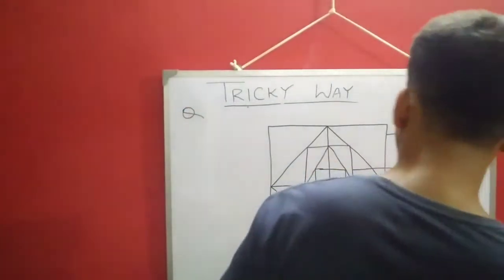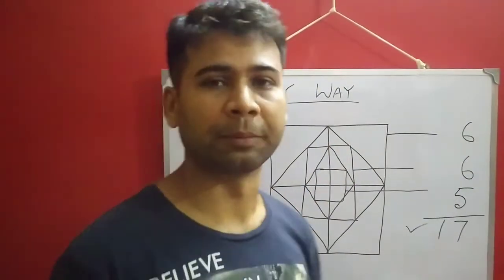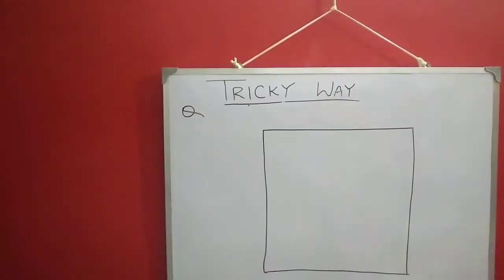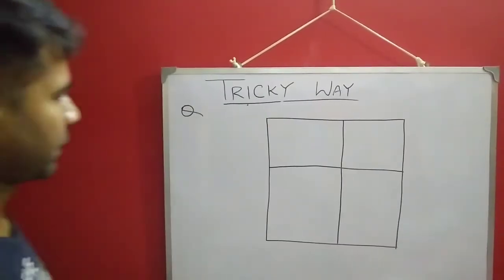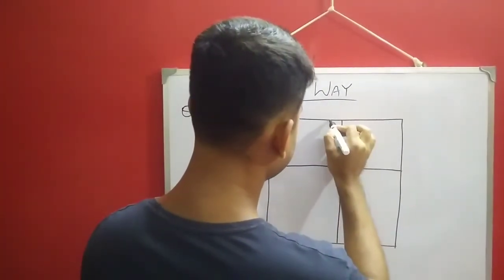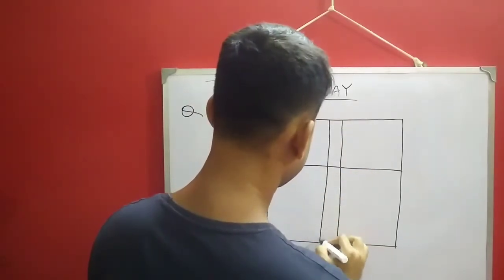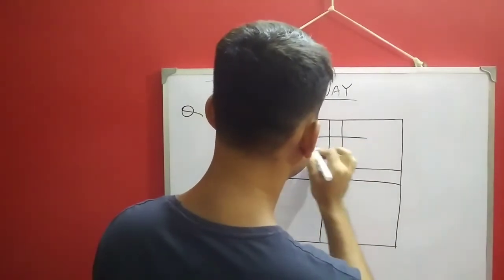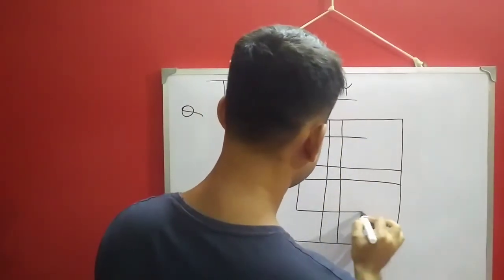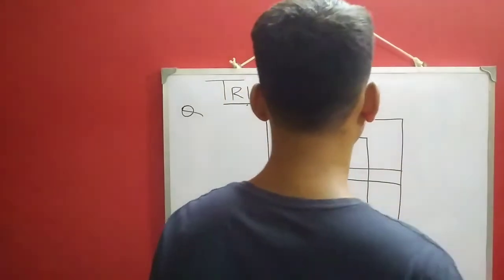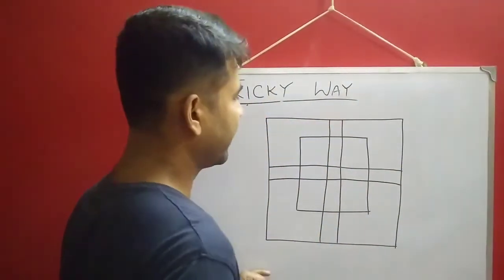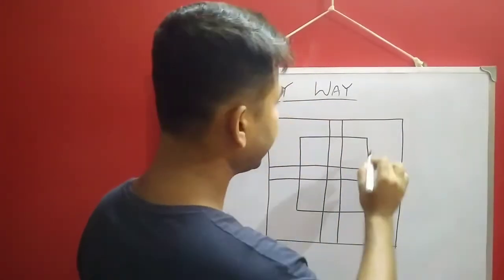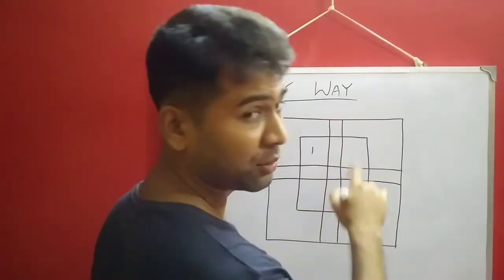Now we are going to our next problem. This is our question, and the solution is: we know the inner square is a symmetric square.